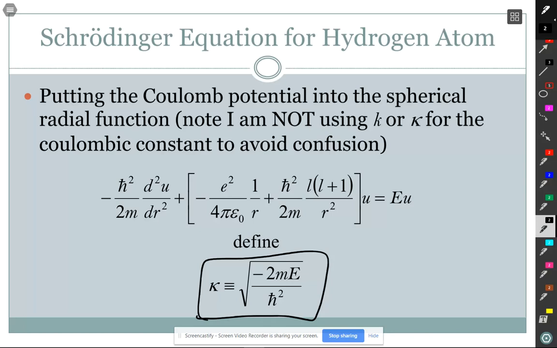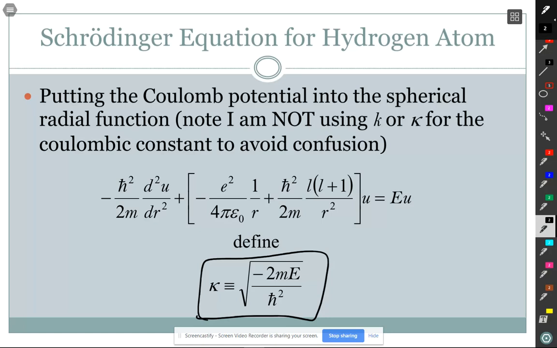What can you tell me about the energy of an electron in the n equals 1 state of a hydrogen atom? I'll give you a clue, 13.6 eV are in it. But what's the other part? It's negative. And because it's negative, that's how we have kappa defined with a minus in there, so it's going to give us a real value for kappa.